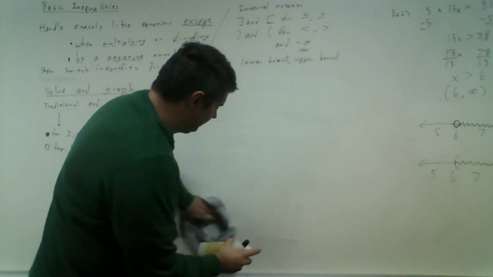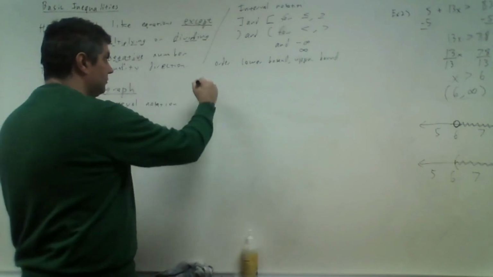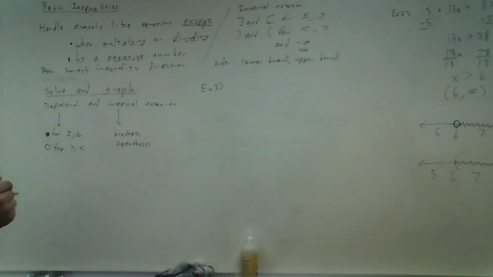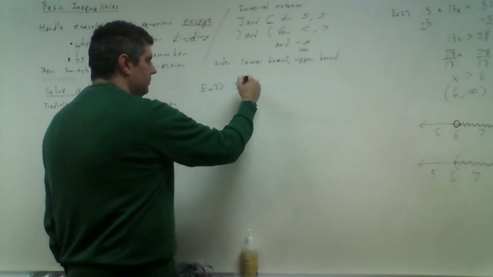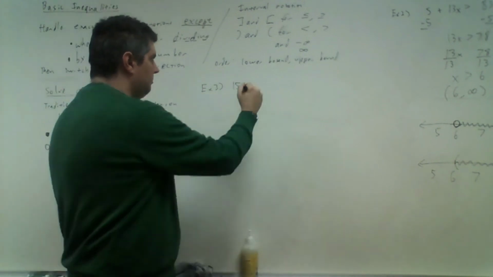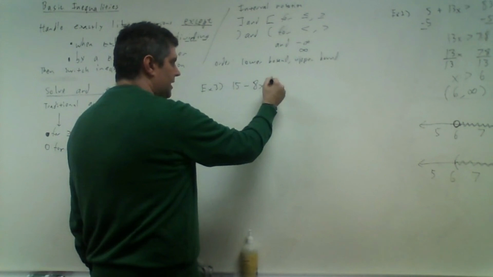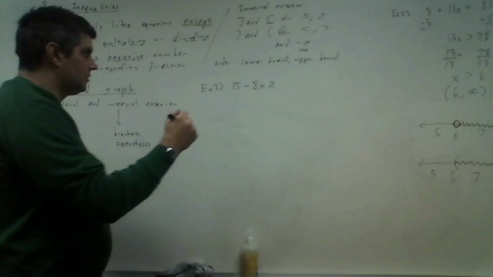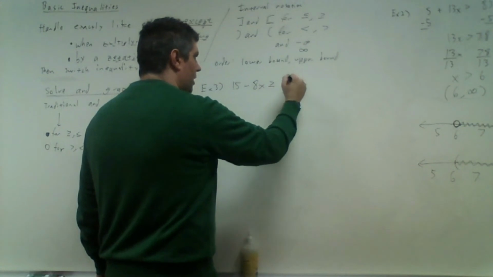Example 3. We have 15 minus 8x is greater than or equal to 31.